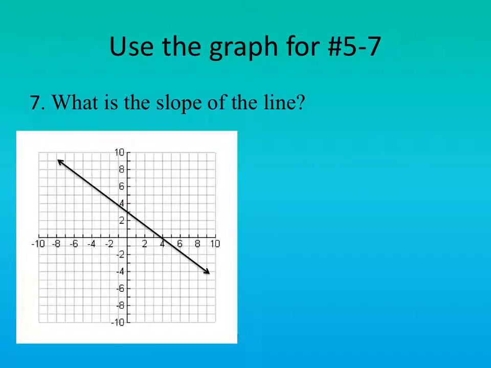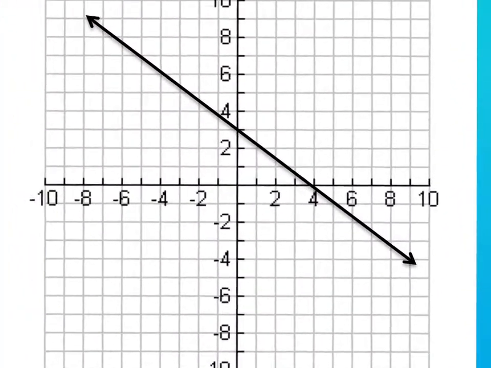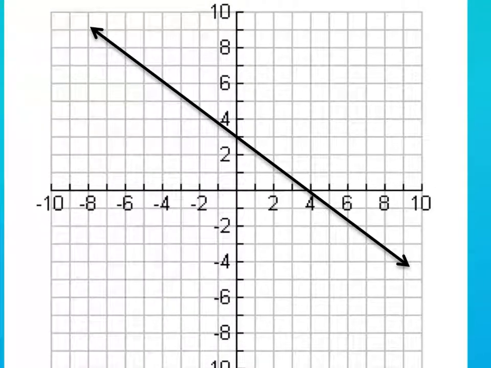Okay, number 7 says, what is the slope of the line? So remember, your slope equals rise over run. So all I need to do is count. Let me zoom in on my paper. You obviously have your paper right in front of you.